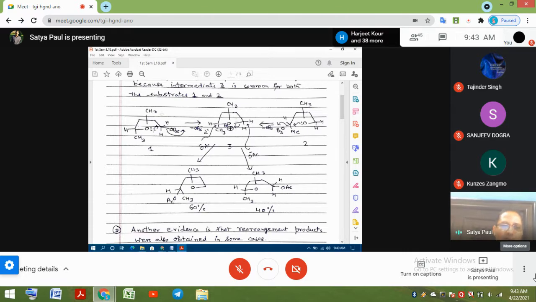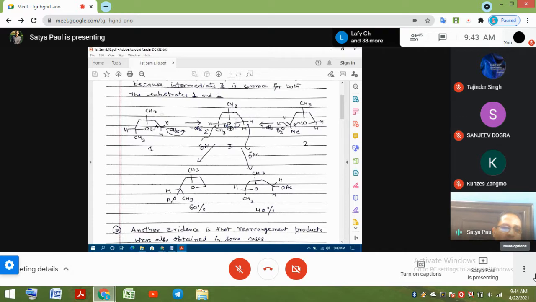So here 1 gives you the intermediate 3 and 2 gives you the intermediate 3, and this intermediate is formed either from 1 or from 2 when oxygen is acting as a neighboring group.